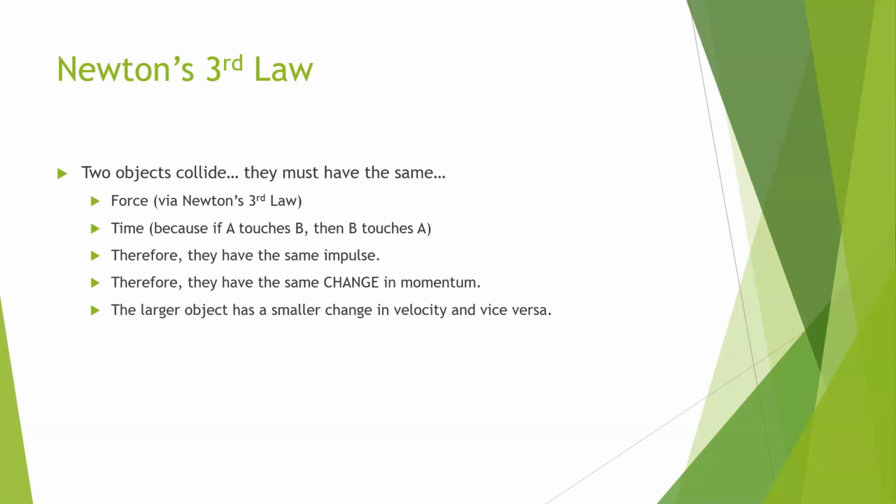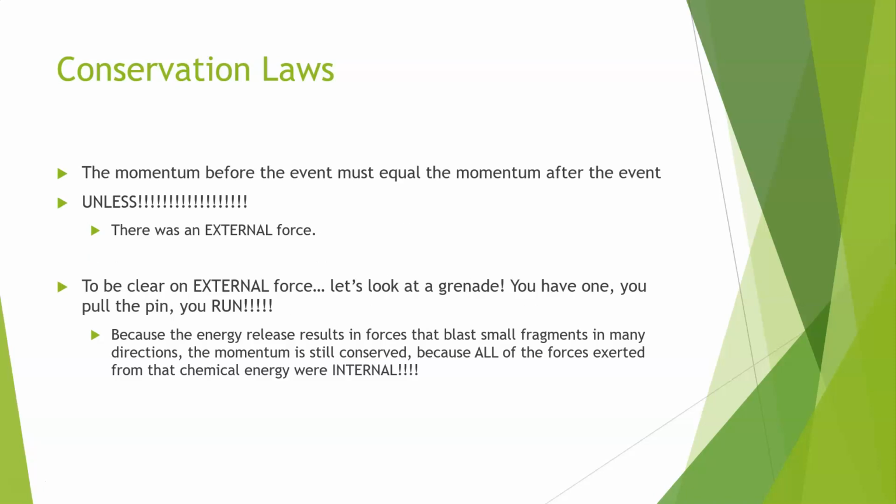The reason is that the car is so massive, it has a small delta V, whereas the bug is so small, it has a massive delta V. But ultimately, since they have to exert the same force by Newton's third law and be in contact for the same period of time, they have the same impulse and therefore the same change in momentum.